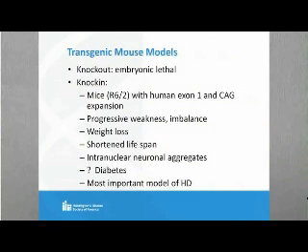These mice gradually develop weakness, poor balance, weight loss, and have a shortened lifespan. Microscopically, they have those intranuclear inclusions in the neurons of the nerve cells. So this looks like a good mouse model for Huntington's disease.